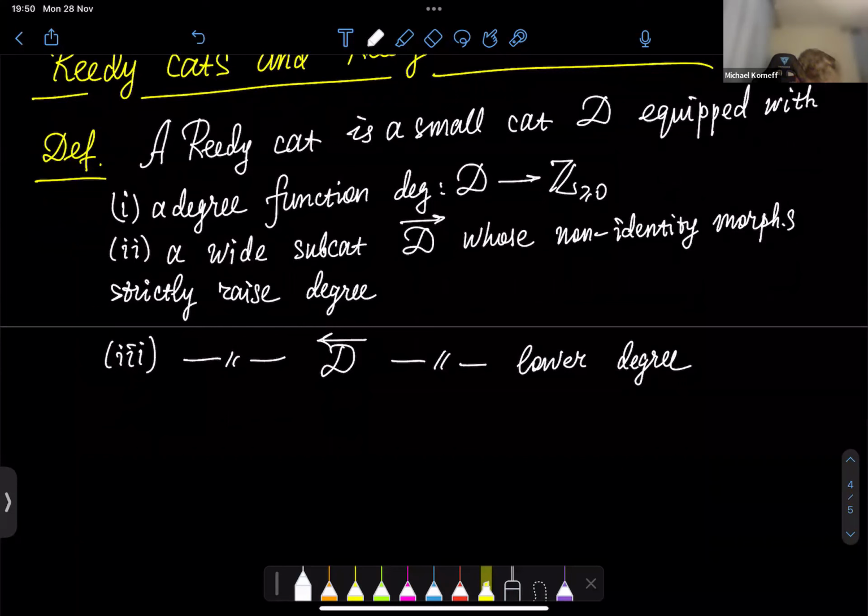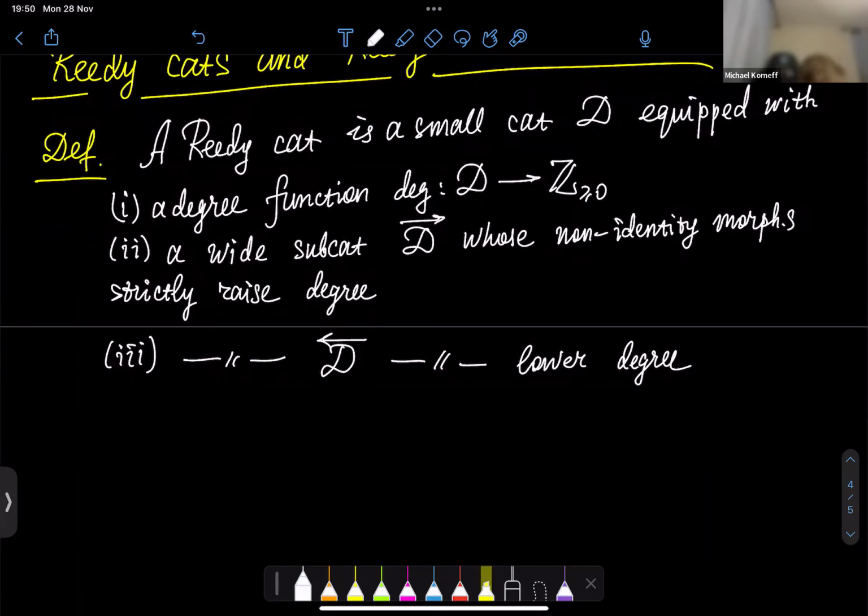So that any arrow in the category D can be uniquely decomposed into some arrow from the category D with the usual arrow, composed with an arrow from the category D with the reversed arrow.